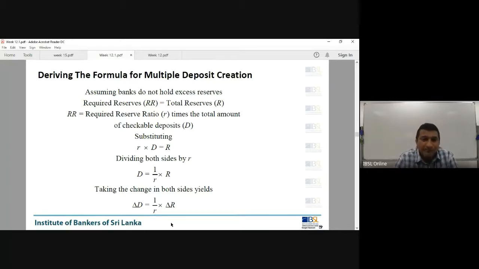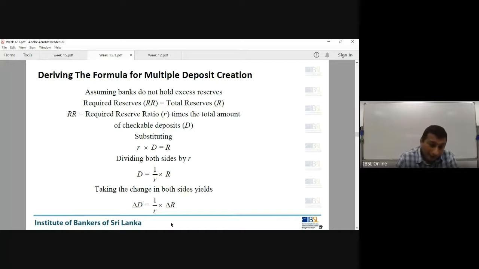So we divide both sides by small r. What you are left with is D equals 1 over r times the total reserves, where r is the required reserve ratio. So taking change on both sides, any change in deposits would be nothing but 1 over r times the change in reserves.